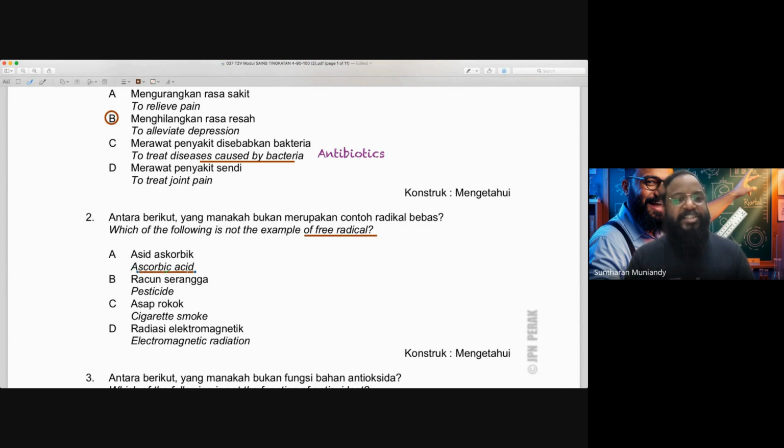Ascorbic acid is known as antioxidant. Remember that, okay? We got the opposite of free radical, we got antioxidants.